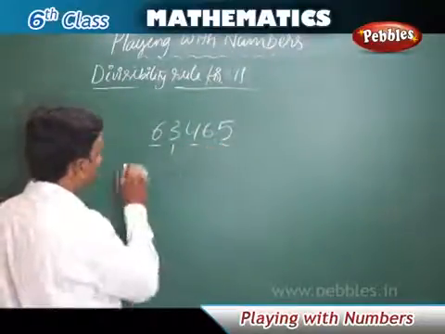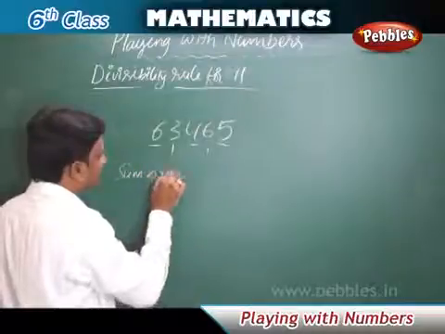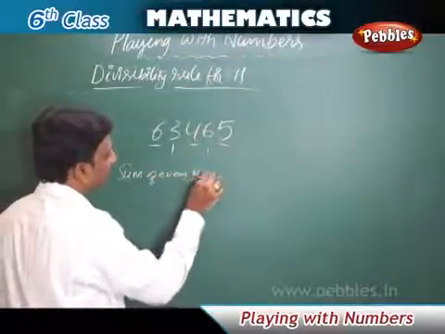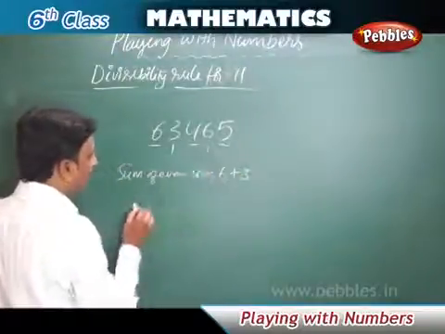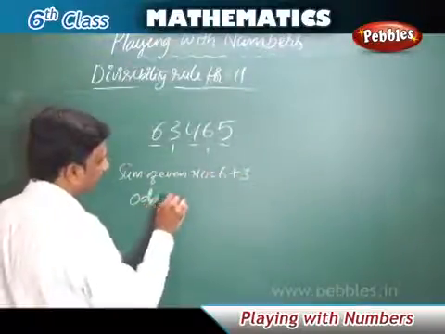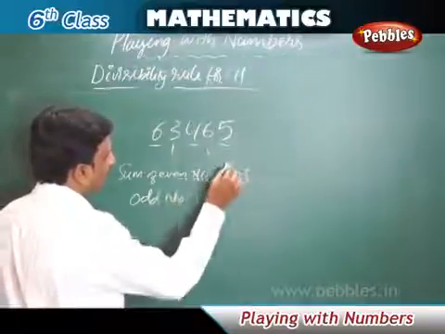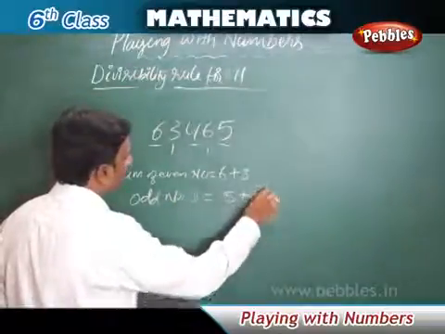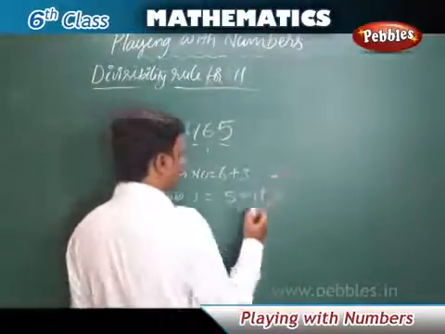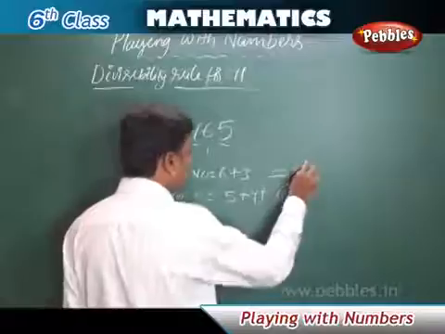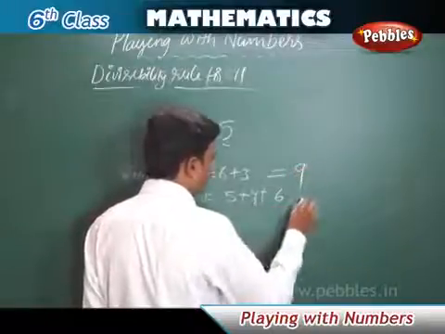The sum of even numbers, 6 plus 3, and the sum of odd numbers, 5 plus 4 plus 6. 6 plus 3 is 9, 5 plus 4 is 9, 9 plus 6 is 15.